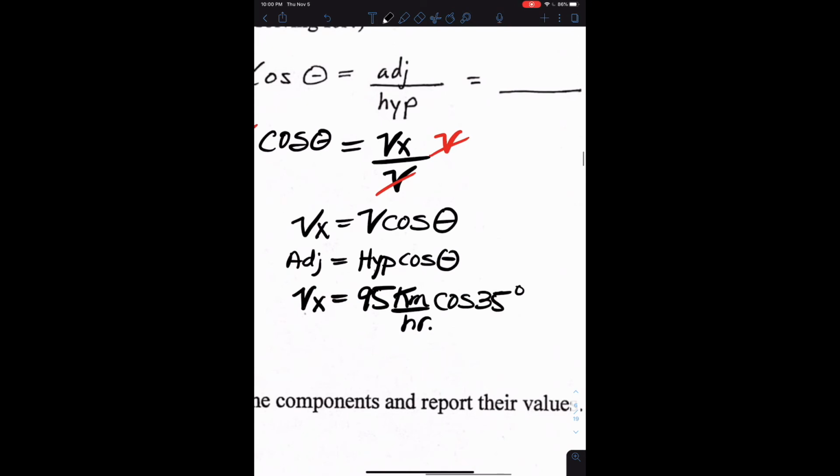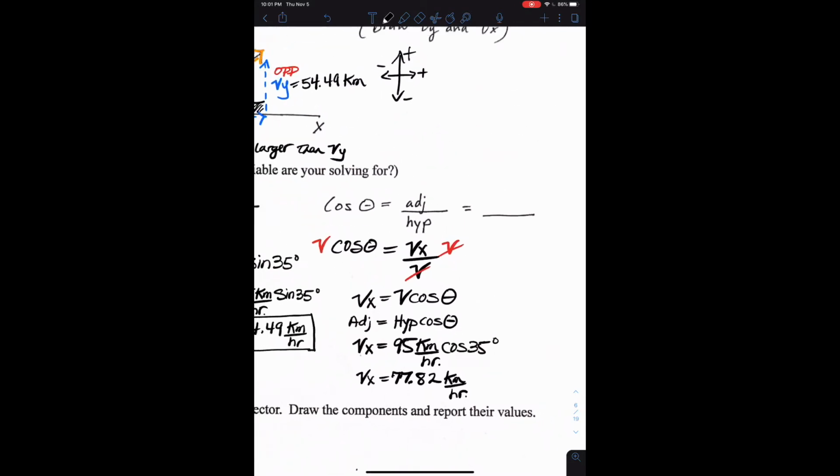So this is definitely going to be a larger answer here than we got before. 95 cos 35 is equal to 77.82 kilometers per hour. Okay, let's go ahead and add that up top.